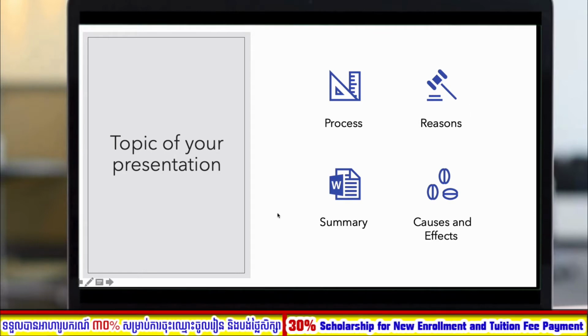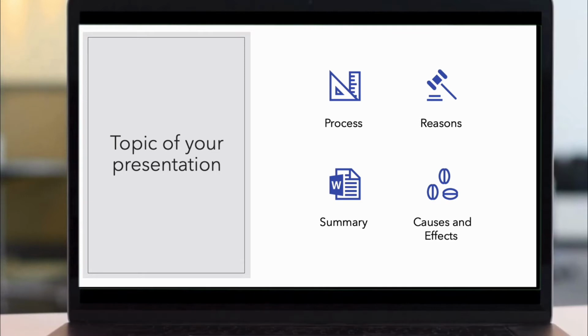And when we talk about the topic of a summary, let's say your favorite book, your favorite movie, your favorite holiday, all of these relate to a summary. You need to give short information about those important things. So you need to prepare, or the lesson that you have learned, which is about cause and effect.